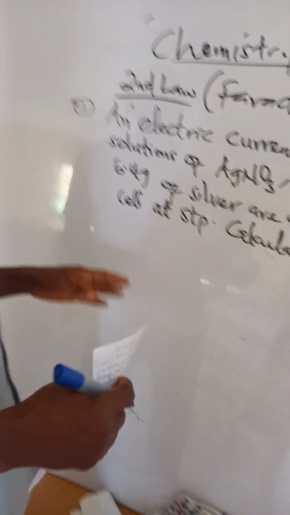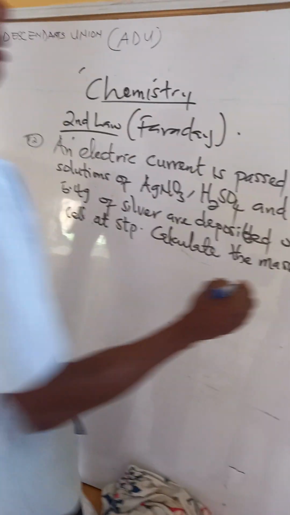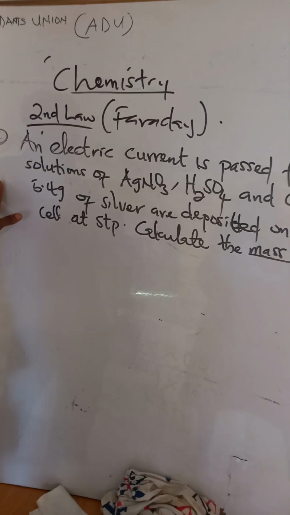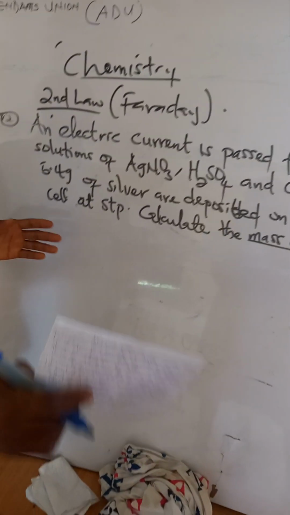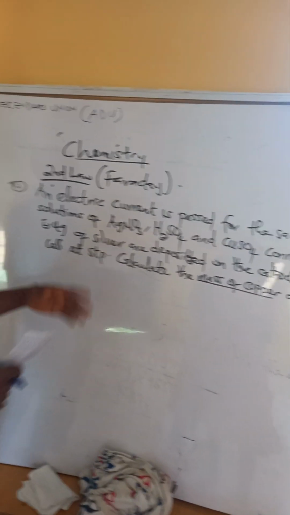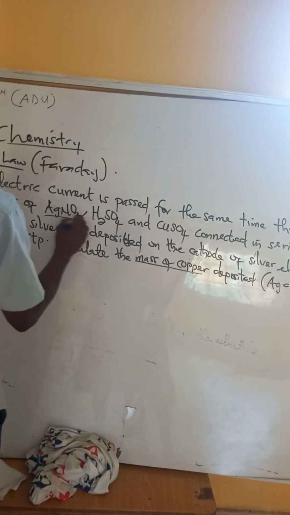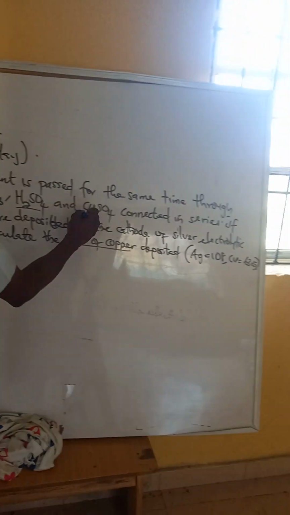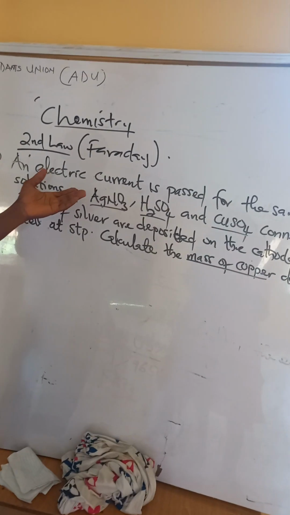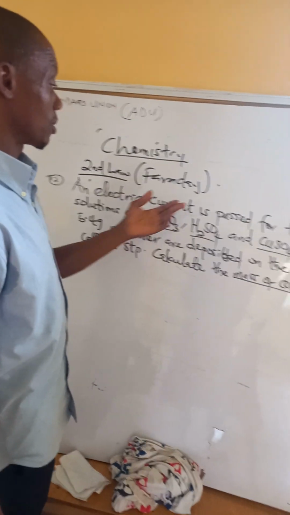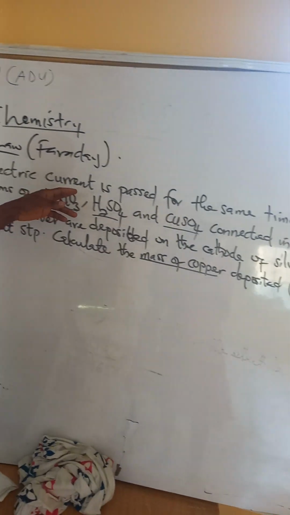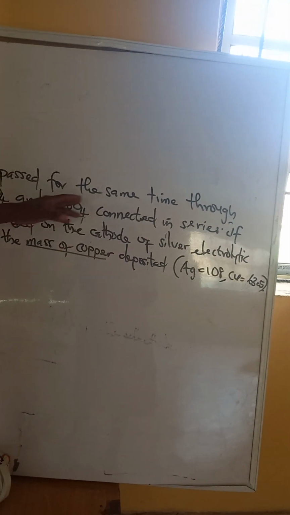Now the question is on mass of copper, but this is a series connection. The same amount of current passes through the 3 electrolytic cells. You are given silver nitrate, H2SO4, and copper sulfate. But there is no information on the amount of current and time given. They just told us that an electric current is passed for the same time.